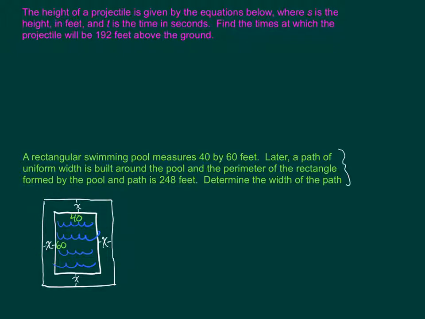So I know the perimeter equals 2 times the length plus 2 times the width. And the perimeter is 248 feet equals 2 times, plus 2 times, we don't know the length or the width, but we can find the length or the width. We know the pool is 40 wide, but for the pool with the path, we have to include this side of the path and this side of the path.